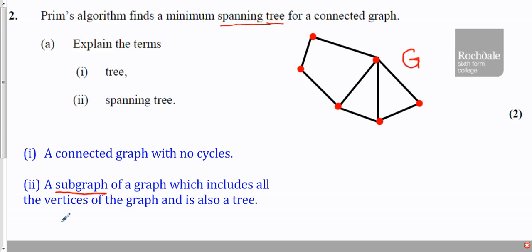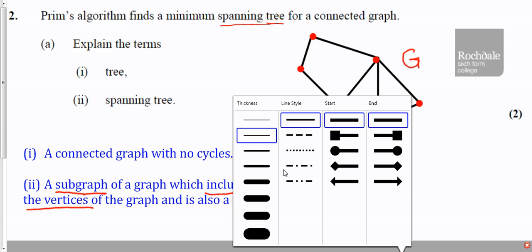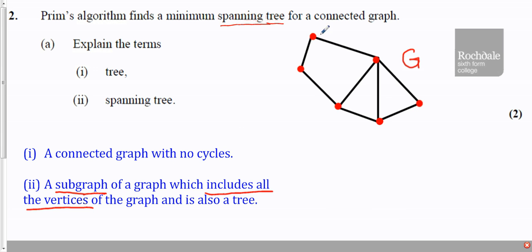If we have a spanning tree, then it must include all the vertices from the original graph. So let's get all the vertices on first. So my subgraph must have all the vertices from the original. So 1, 2, 3, 4, 5, 6, they're all there.